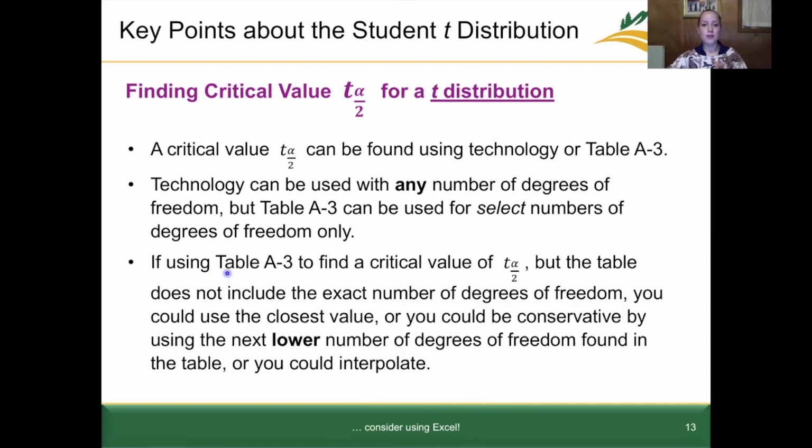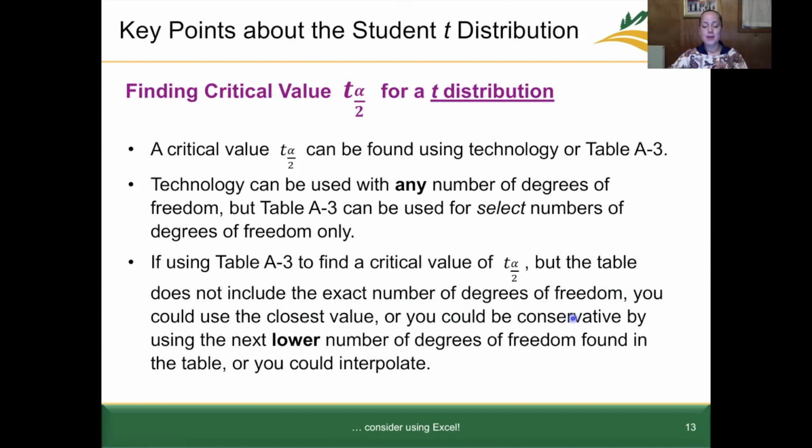If we're going to use table A3 to find this critical value of t subscript alpha over 2, but the table doesn't include the exact number of degrees of freedom we're interested in, we have 2 options. We could use the closest value, or we could be conservative by using the next lower number of degrees of freedom.